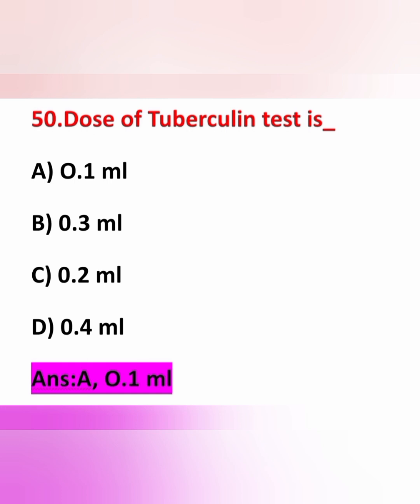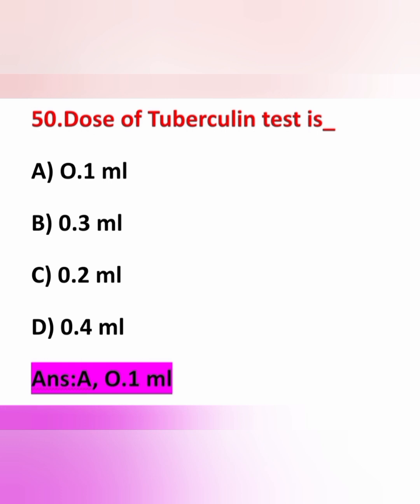In this tuberculin test, the purified protein derivative is injected into the inner aspect of the forearm. Where is it injected? It is injected in the inner aspect of the forearm. The route of the tuberculin test is intradermal, and the dose of the tuberculin test is 0.1 ml.